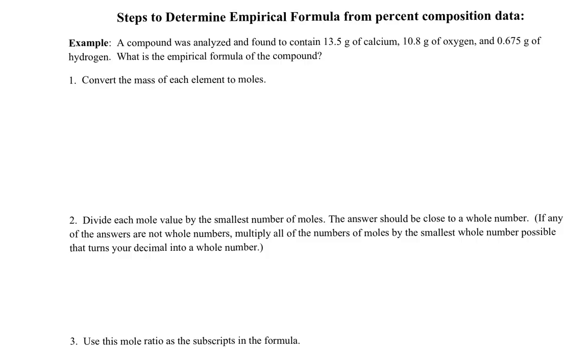So first, it says to convert the mass of each element to moles. And we already know how to do that, but the reason we do this is because a chemical formula, whether it's a regular chemical formula or an empirical formula or a structural formula, the formula is a ratio of moles.